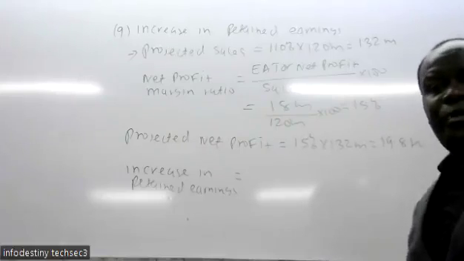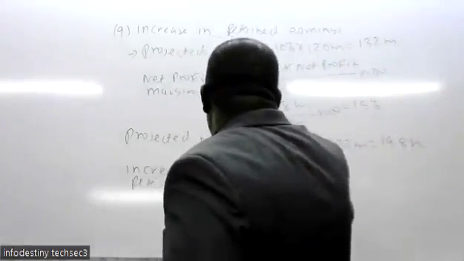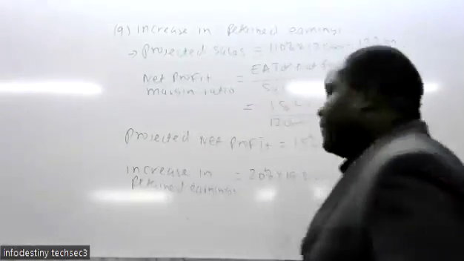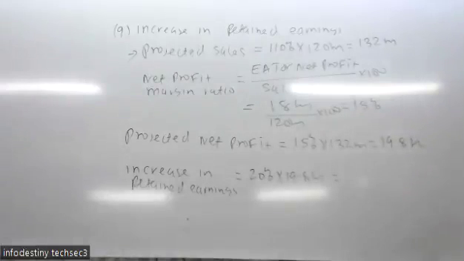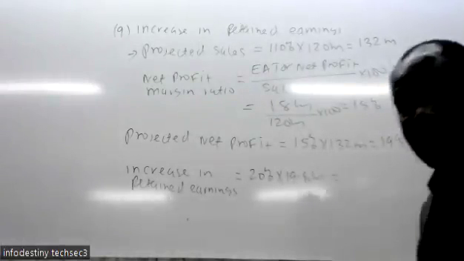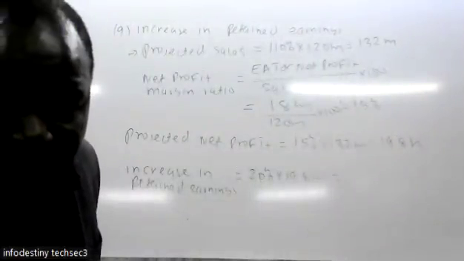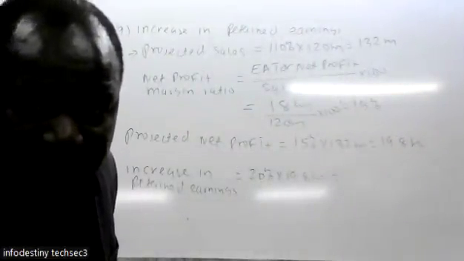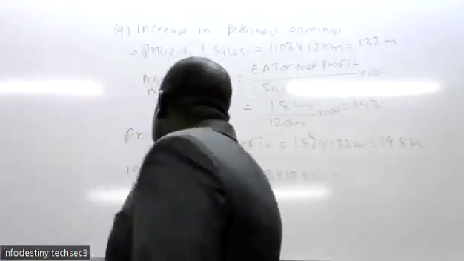So if we pay out 80%, we retain 20%. So the increase in the retained earnings is 20% of 19.8 million, because out of the 19.8 we pay dividends of 80%.